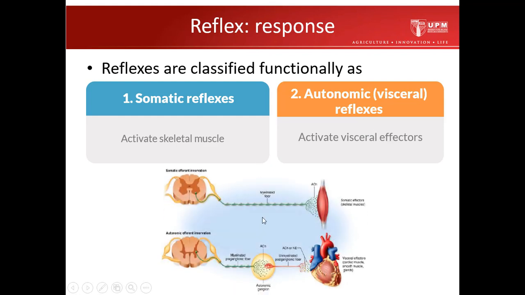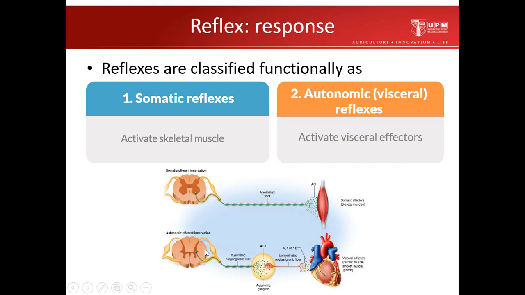Okay, in this picture, I hope you can see that the somatic reflex, the first one up here, occurs in the skeletal muscle. This reflex involves skeletal muscle contraction in response to a stimulus. The spinal cord here is the part of the central nervous system that controls the somatic reflex.